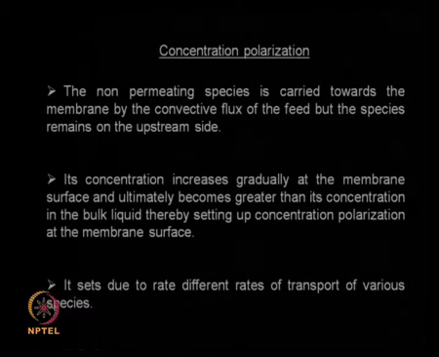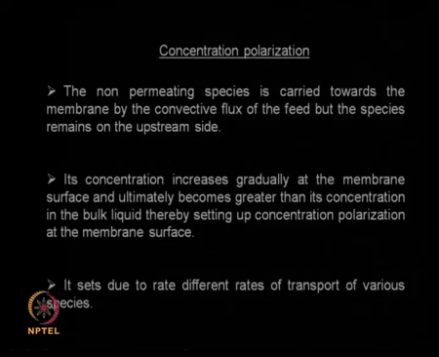What happens is you have many species inside the original mother liquor, and as the liquid flows perpendicular to the membrane, the solvent and liquid diffuse through, and the very small solute molecules pass through the membrane. The material which does not pass through starts accumulating on the upstream side of the membrane.